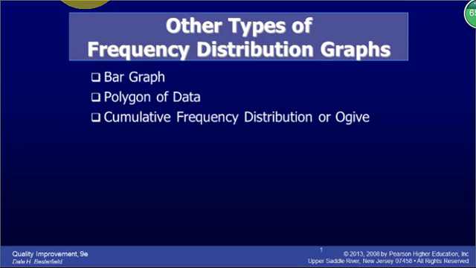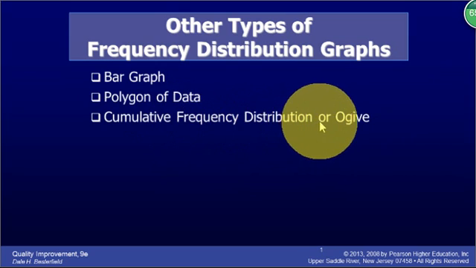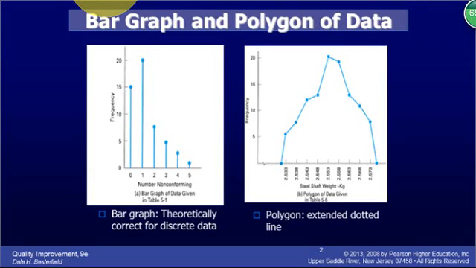There are also some other types of frequency distribution graphs, like bar graph, polygon of data, and cumulative frequency distribution, also named as ogive. On the left-hand side is a bar graph for the number of daily billing errors. You just draw a bar for each class with the height of each frequency.